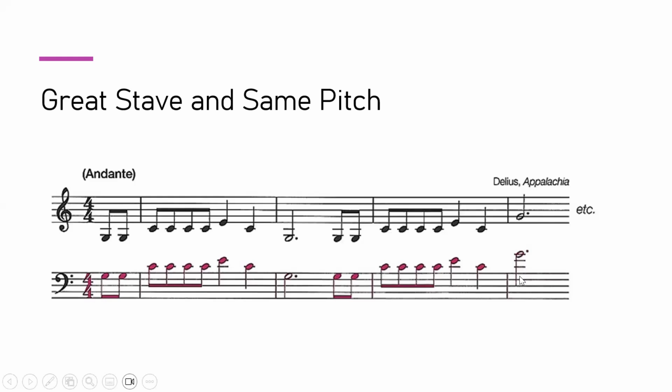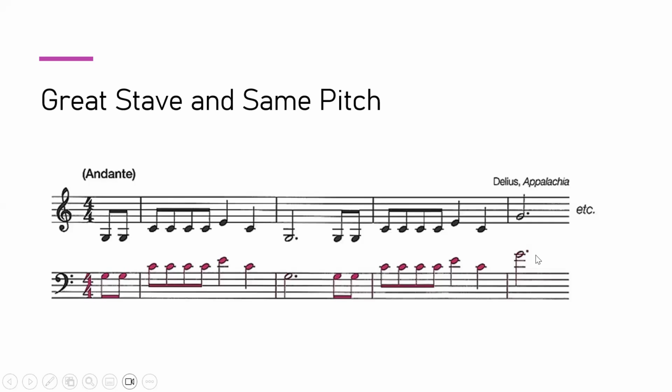The fourth line is F, right? The space is G. The next line is A. The next space is B. The first ledger line is C. The space is D. The second ledger line is E. The space is F. And the third ledger line is G.